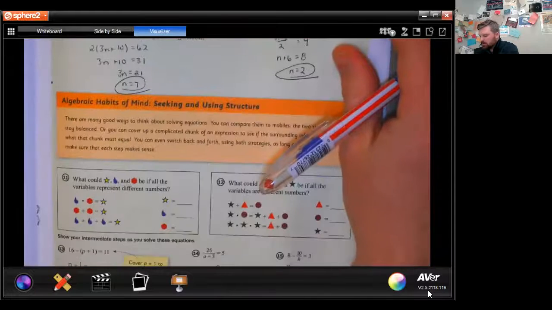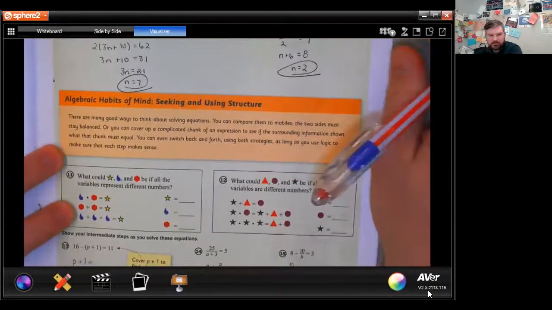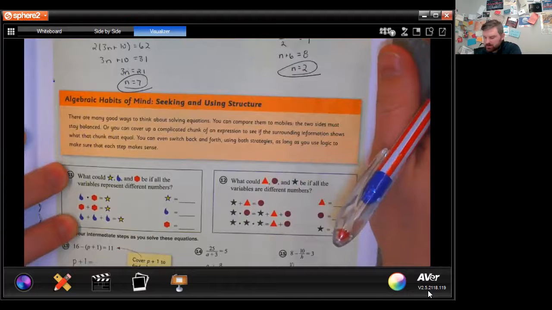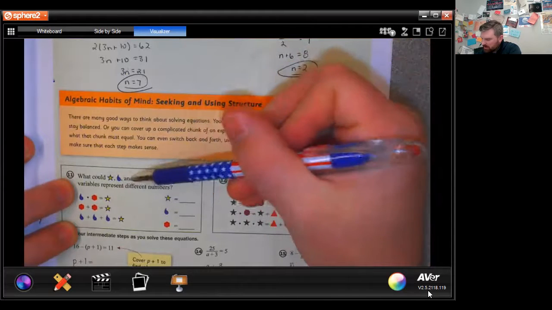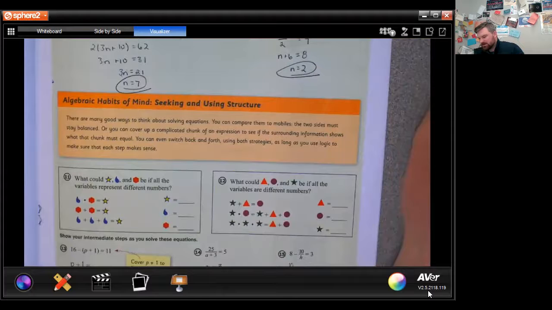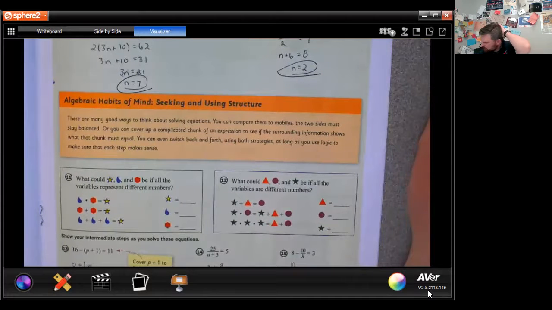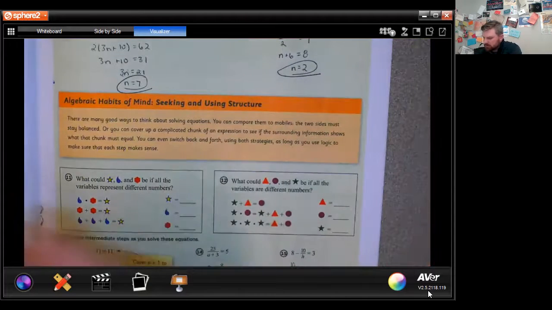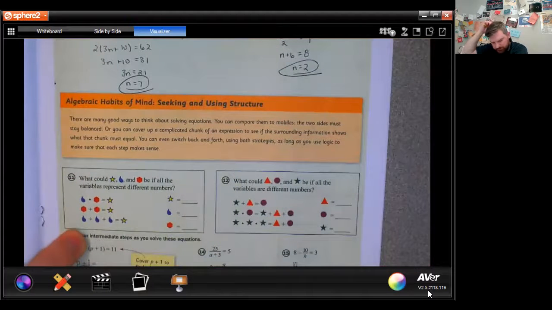Okay, so here on number 11, what could star, water, and hexagon be if all variables represent different numbers? Okay, so let's see here. These three are the same, equals a star.